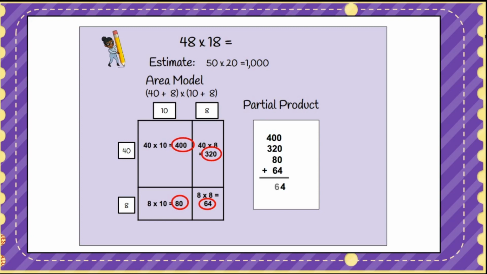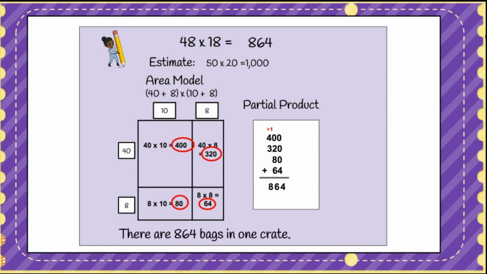The 6 goes down, and the 10 tens are regrouped to 100. In the hundreds place, we have 100 plus 400 plus 300, which gives us 800. 864 is close to our estimate of 1,000, so our answer is reasonable.